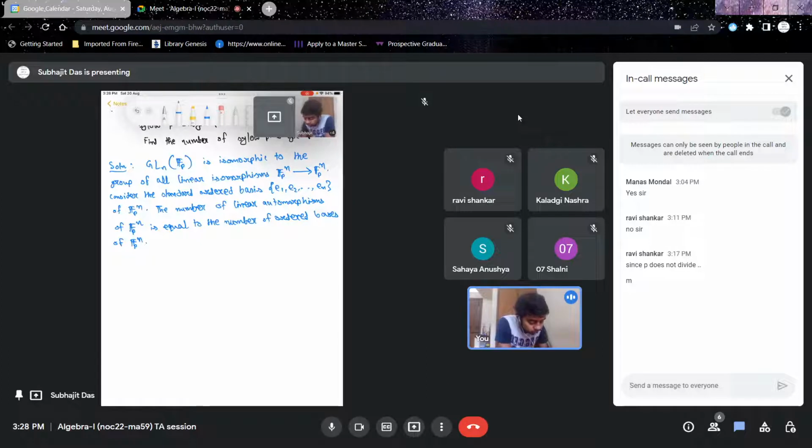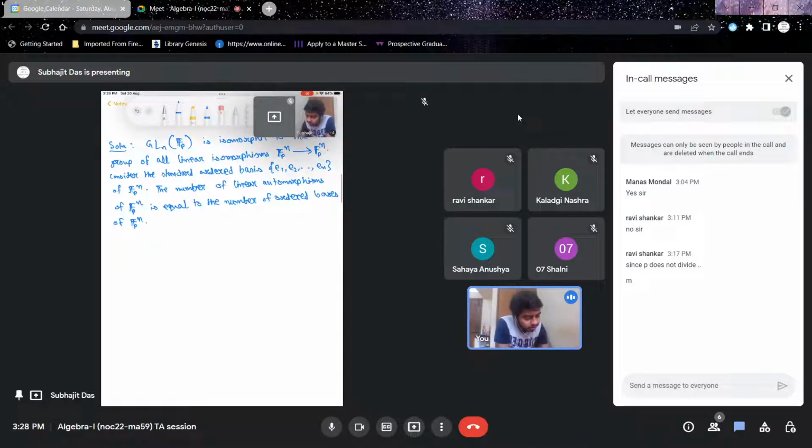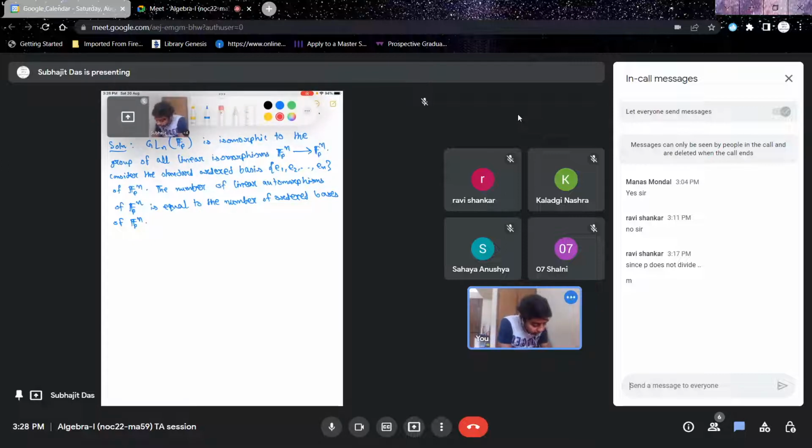Let me maybe draw a rough diagram to explain. Let's say you first pick a non-zero vector, right? Since this vector has to be in the basis, you can't take the zero vector. The zero vector is always linearly dependent with anything.